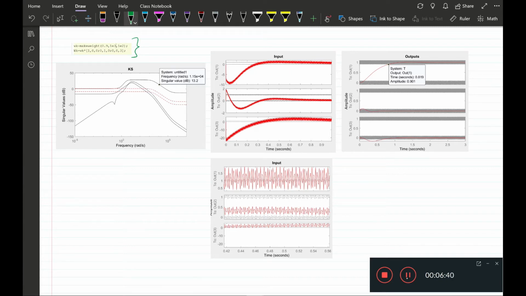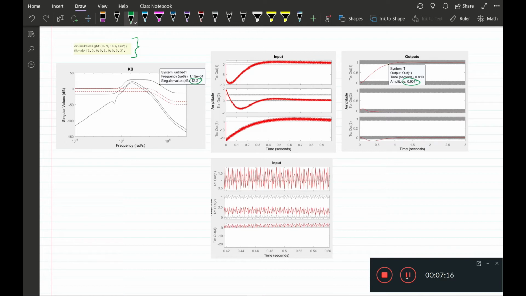I now show the control sensitivity transfer function or sigma plots here, and we see that for 10 to the 4 we have a singular value of 13.2 dB, which is still quite a lot above 0 dB, and you can see that again via the oscillations in the input, and the output is still almost identical to the one without the noise input.